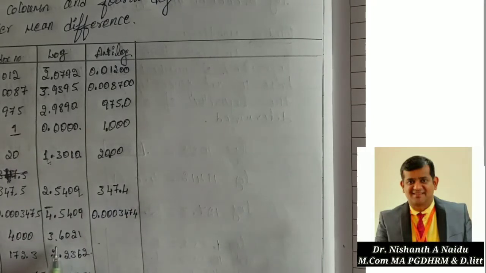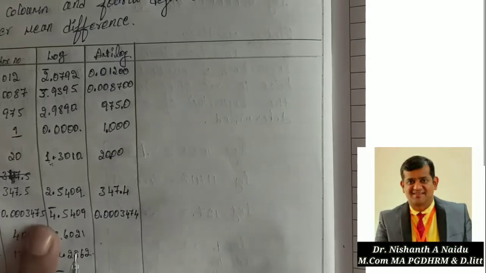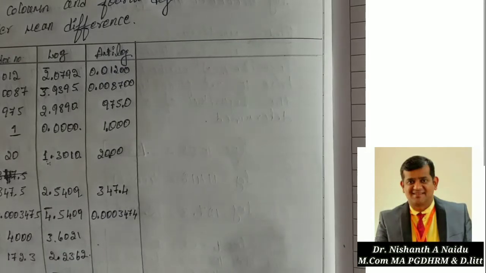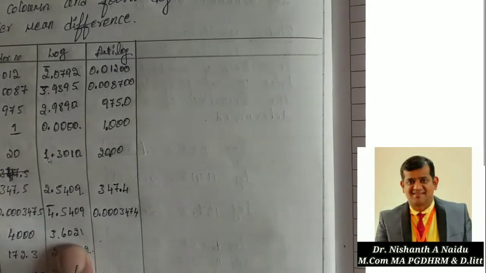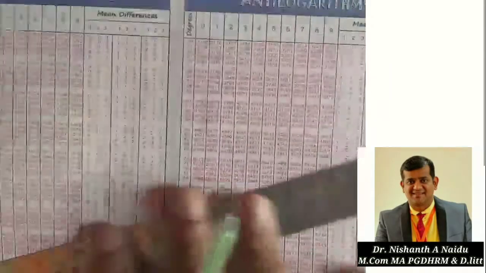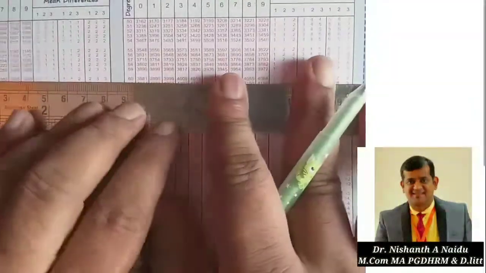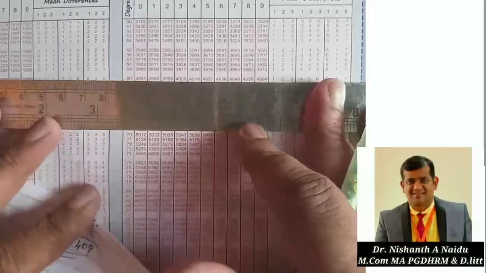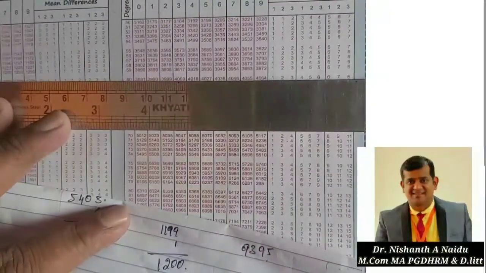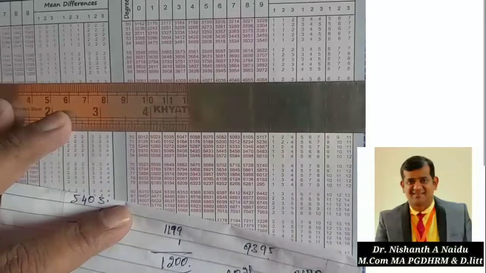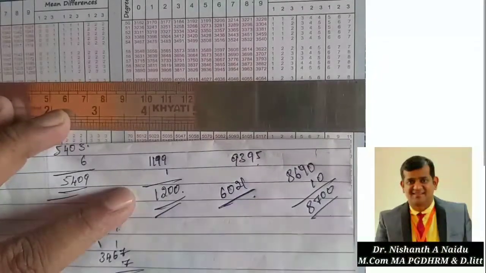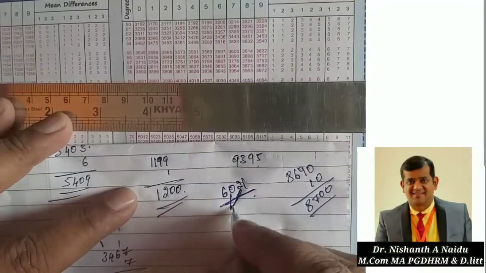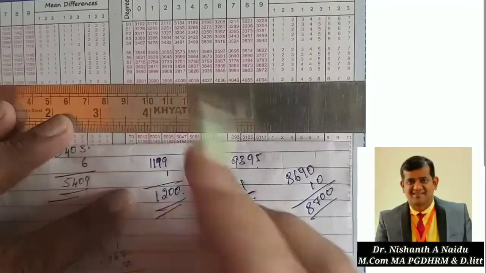Clear? Next, 36021 is there. So we don't consider the characteristic, only the mantissa, 6021. In the 60th row, second column is 3990. So 6021 we have to identify. The 60th row, second column is 3999.